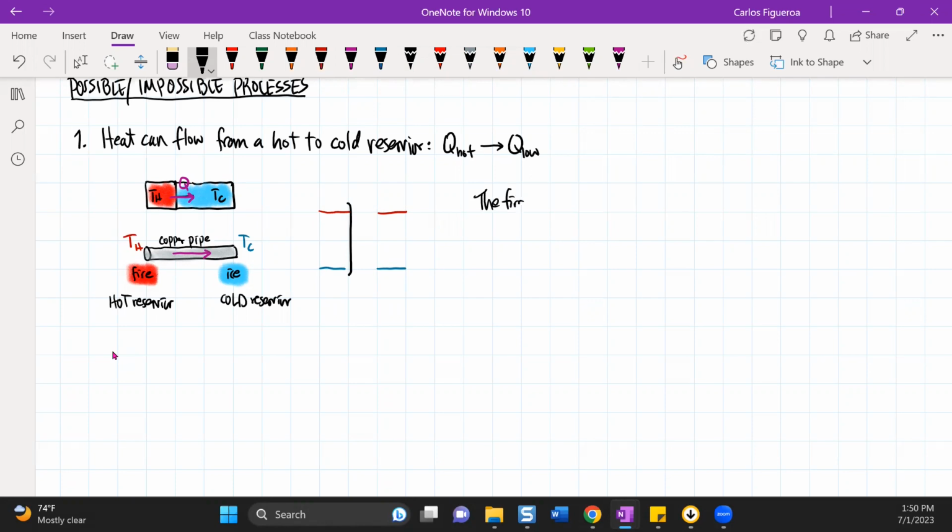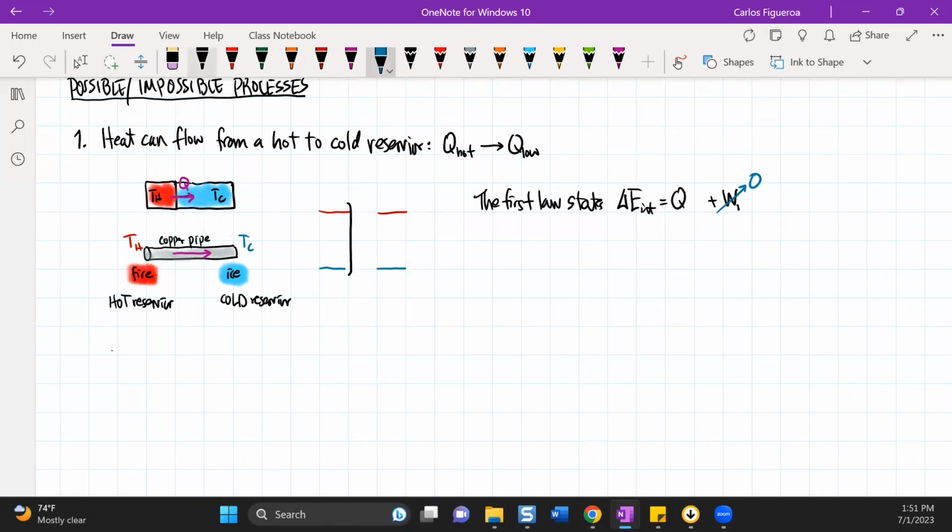The first law states that the internal energy for any cycle has to be the net heat minus the work. Not for a cycle. I'm just going to say it's the heat minus the work here. But remember, when I'm taking heat, there is no work done here.